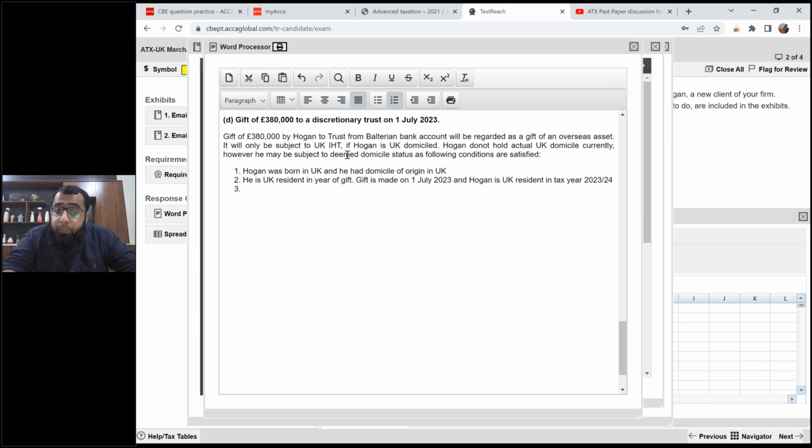And the third one, he was UK resident in previous tax year of 2022/23. This satisfies condition of being UK resident in any of the previous 2 tax years.